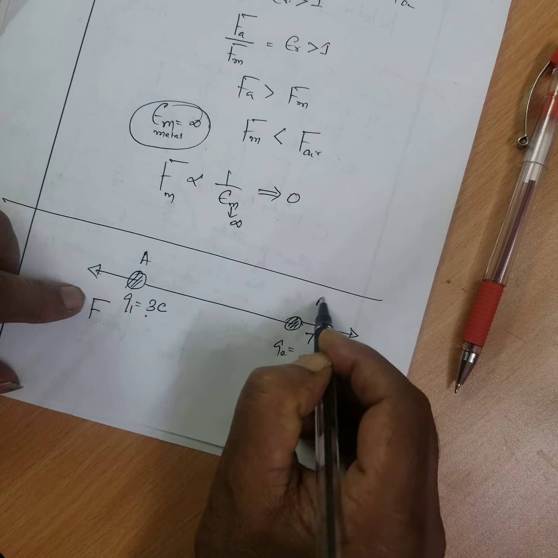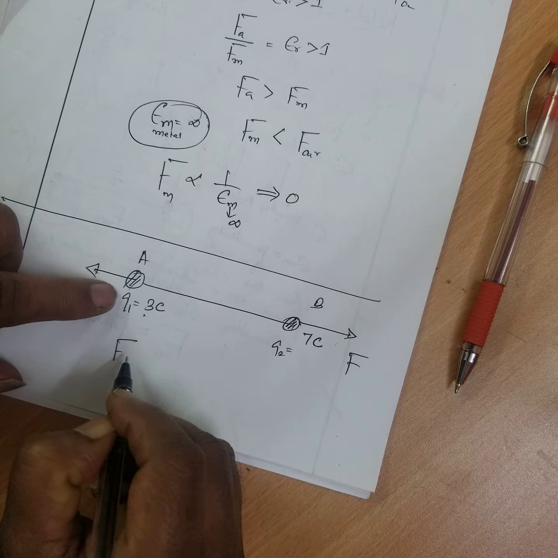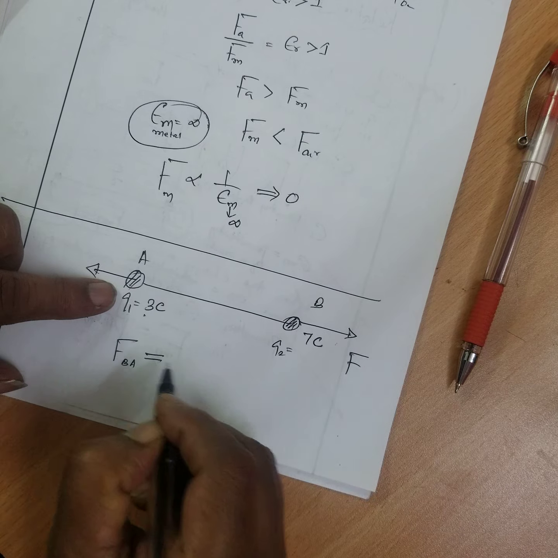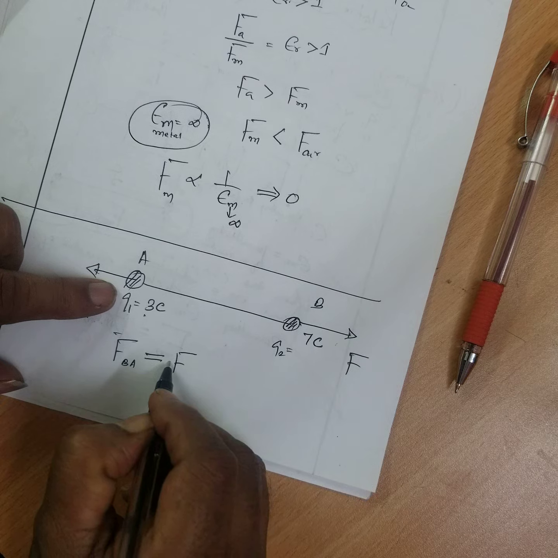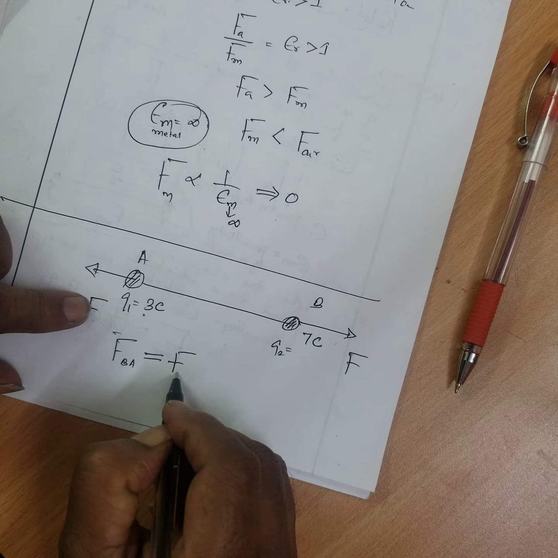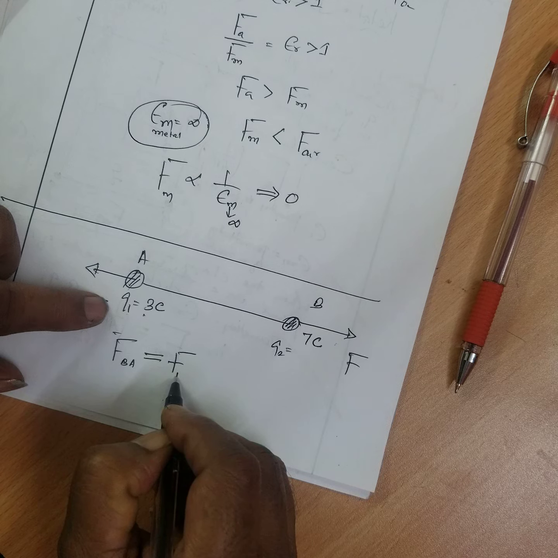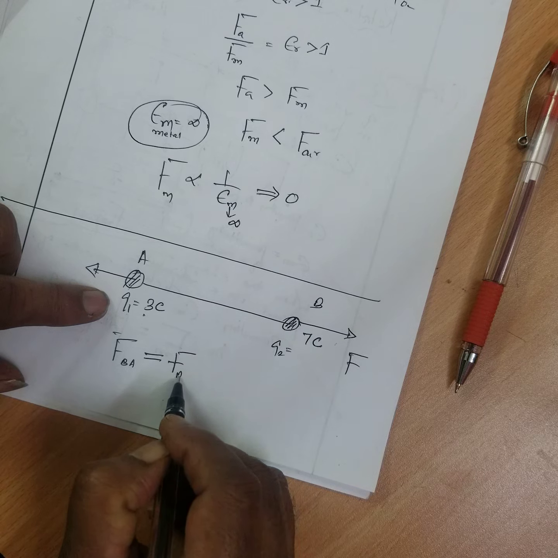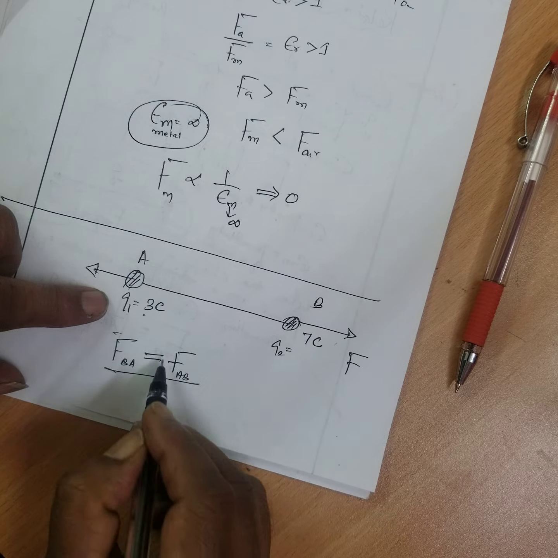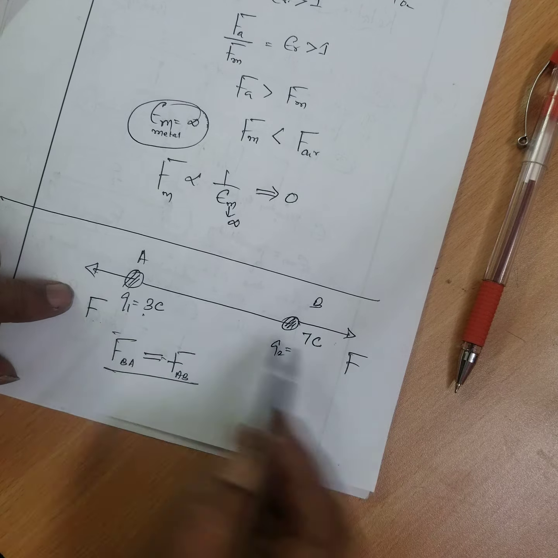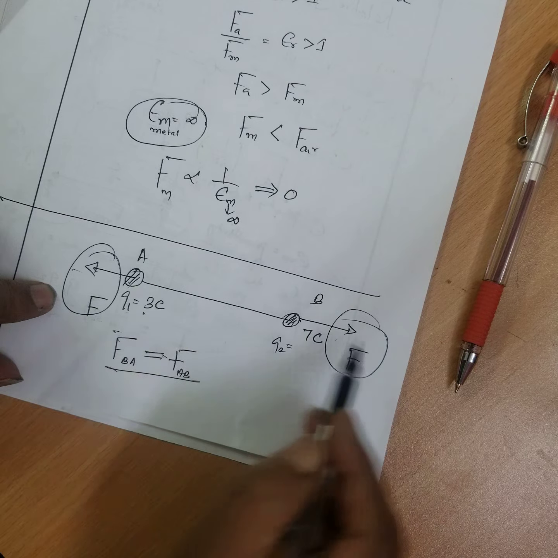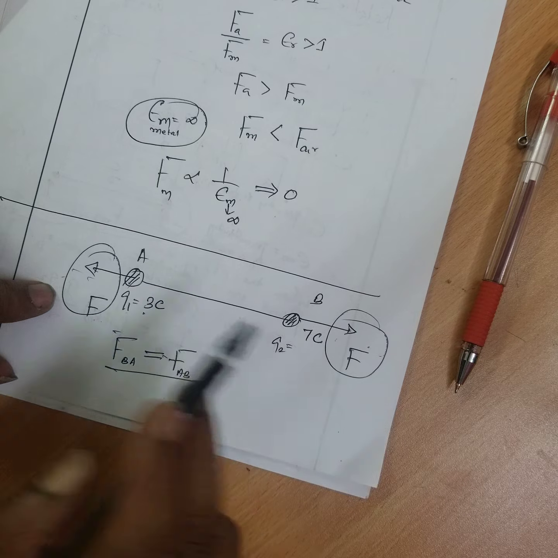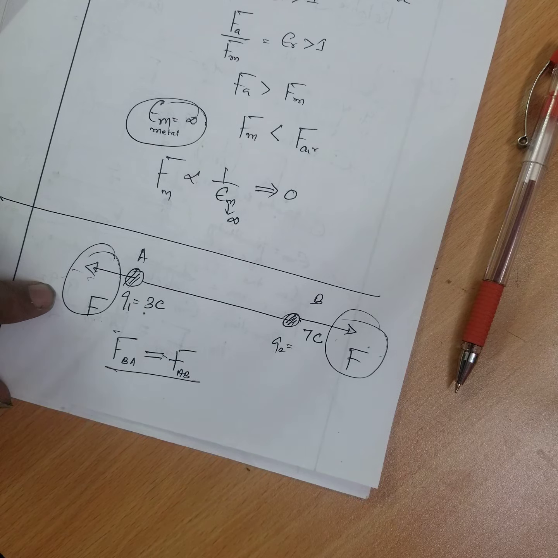This is A and B. Force on B due to A is an action, and the equal and opposite reaction is force on A due to B. They are equal and opposite. Therefore, force remains the same on both the charges. Right? This is called an action-reaction pair.